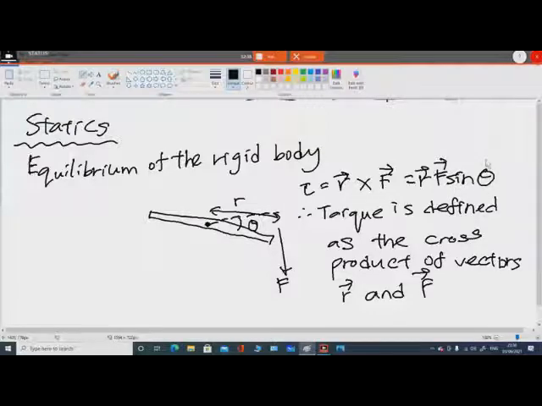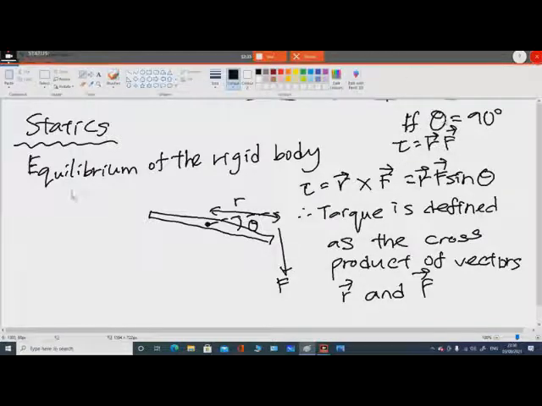So this is sine theta, and if theta is equal to 90 degrees, then torque is actually RF.